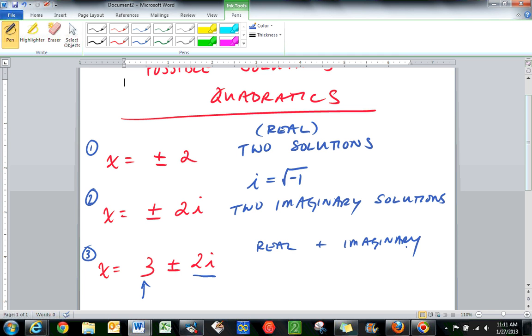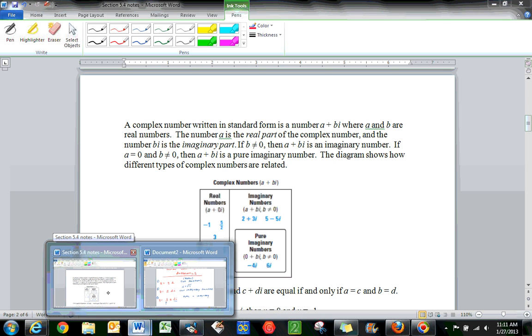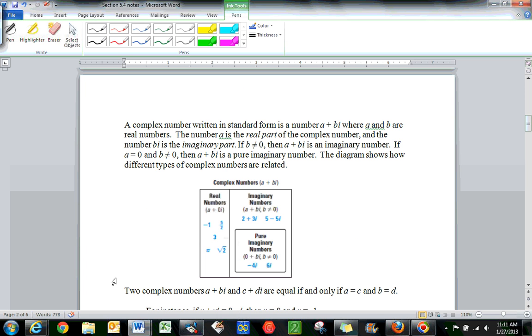So we'll go back to the notes, and we're going to have a nice little visual of what we're discussing here. If we look at this box, we can see that we have real numbers, which we've been dealing with for a while now, and so our answer could end up being just simply real numbers. And of course that could include square roots because those are part of the real number system.